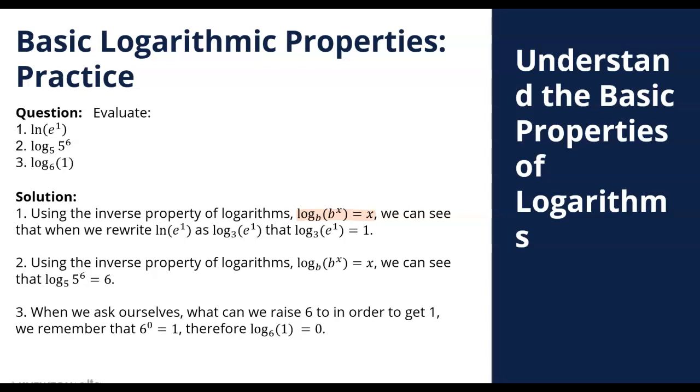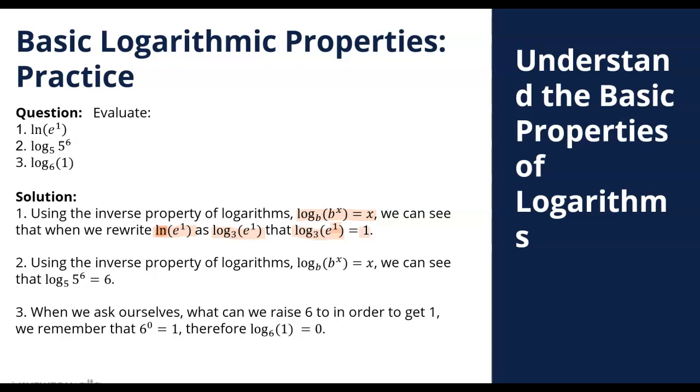In order to apply that, we rewrite ln e to the 1 as log base e of e to the 1. Whenever we see ln, that's the natural logarithm, which means logarithm base e. After we've written it in this form, we know this expression is just equal to the exponent here. So that is equal to 1.